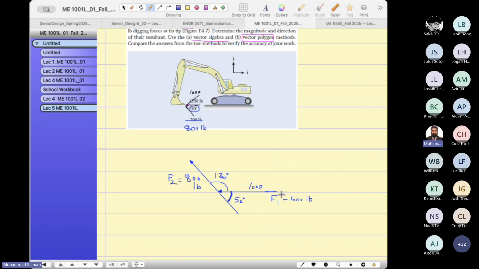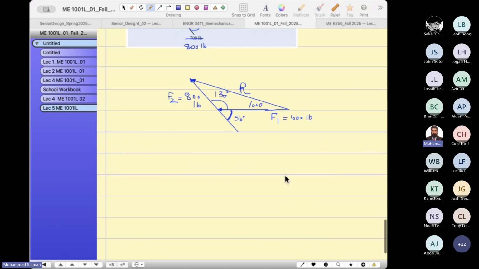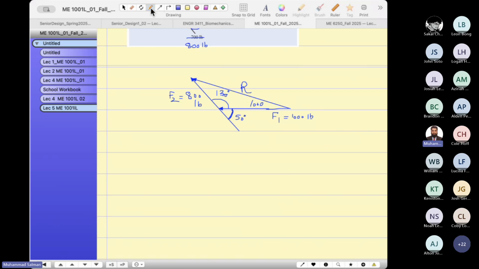Now, guys, let's use the law of cosines. I'm gonna find the resultant using the head-to-tail rule. So now I need your help. This is a triangle. It's a very simple question: R squared equals 1000 squared plus 800 squared minus 2 times 1000 times 800 times cosine 130.